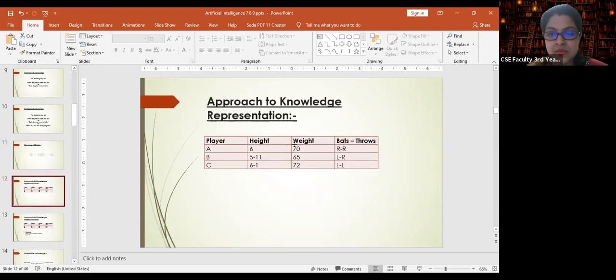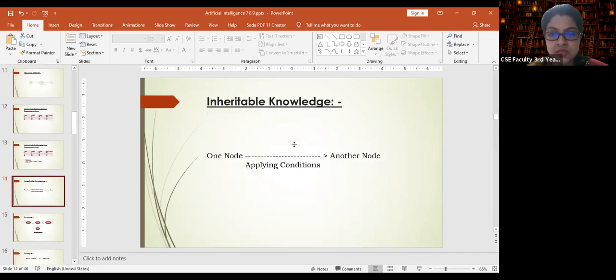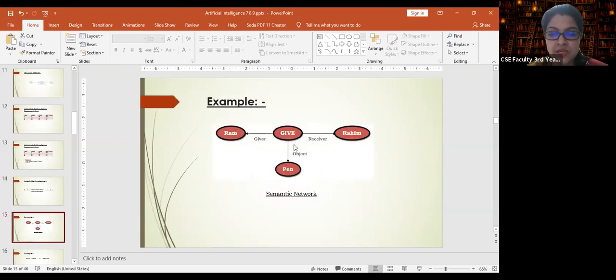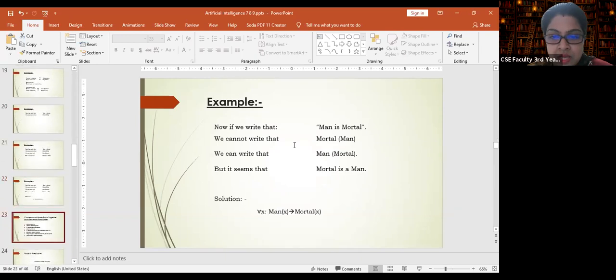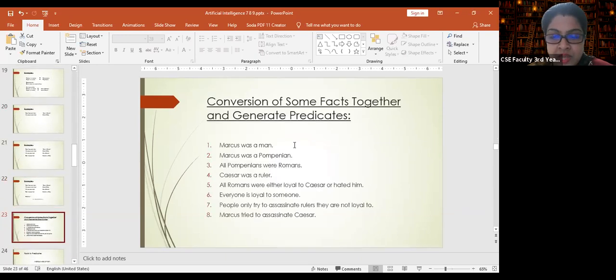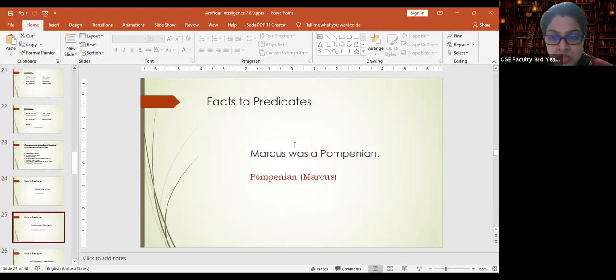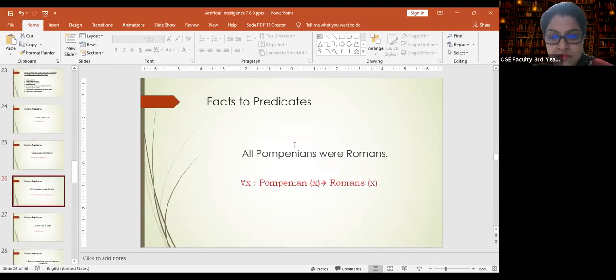Then we saw how inheritable knowledge comes, and how to apply it in creating the semantic network. The semantic network mostly comes in examinations. Then we took a set of facts and converted them into predicates.